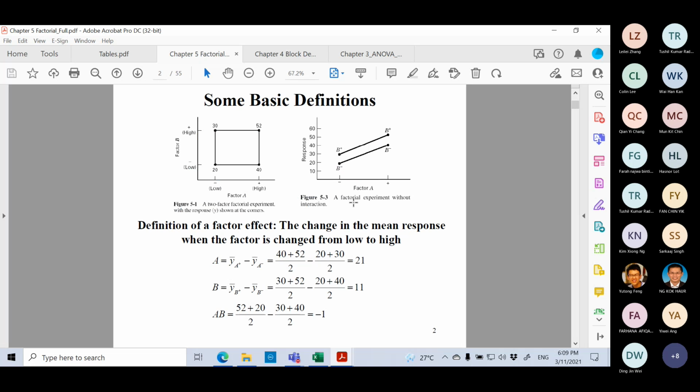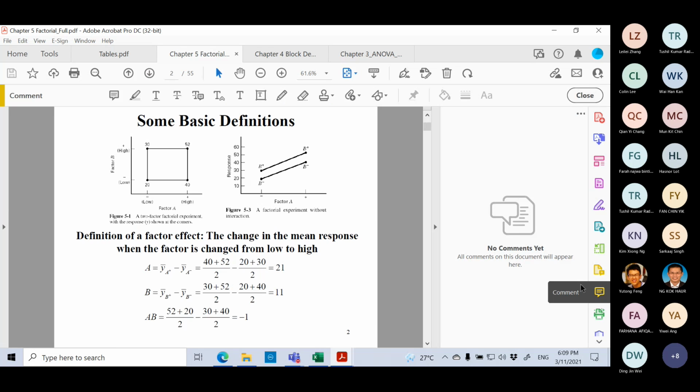Let us go through this example, where I show you the diagram of the two factors first. What is meant by two factors? From this idea, we can extend it to two factors with more than 2 levels.